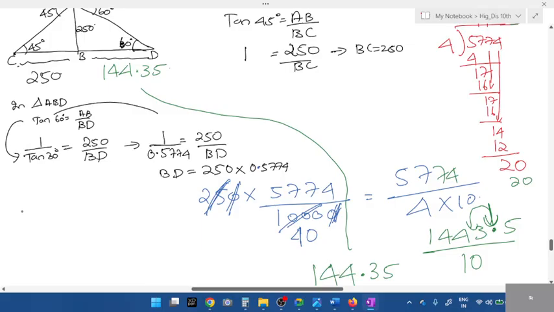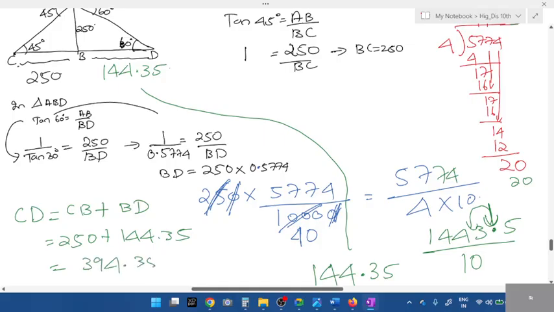What is the width of the river, students? Total value is CD, right? 144.35. That is, what's the value? 394.35. If you convert it, you get 394 meters. 3 is less than 5. 394 meters is the answer.